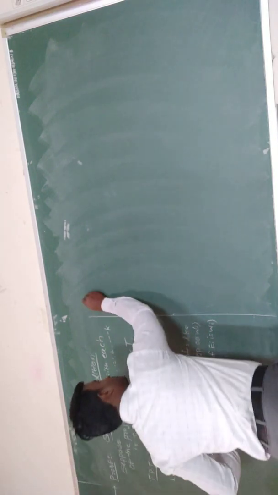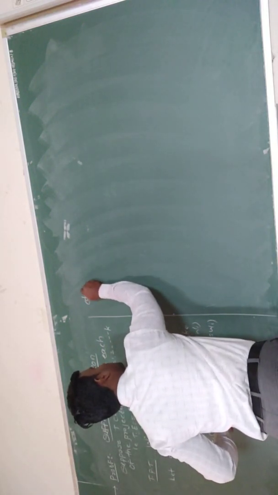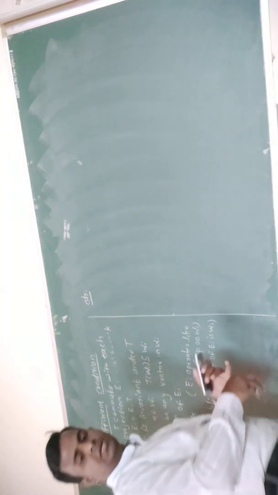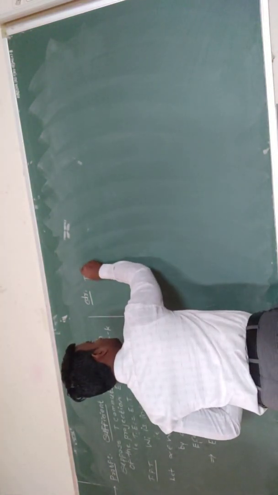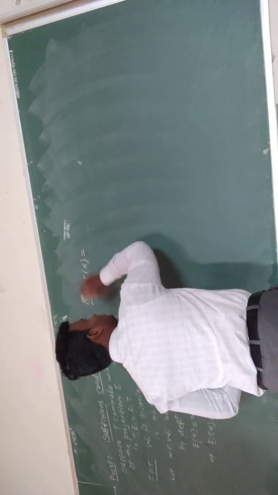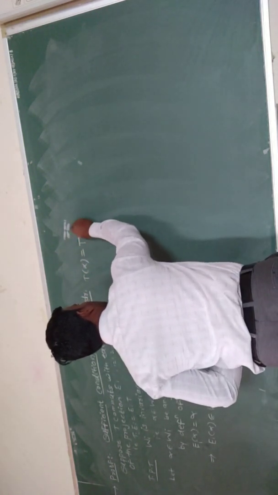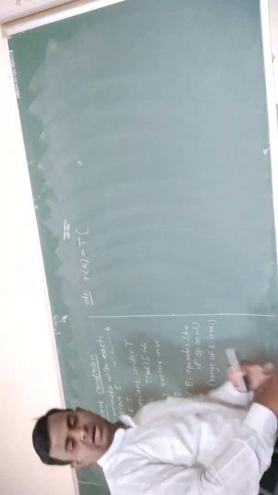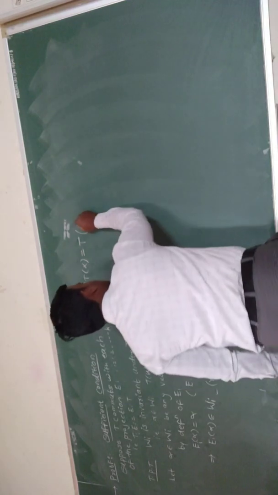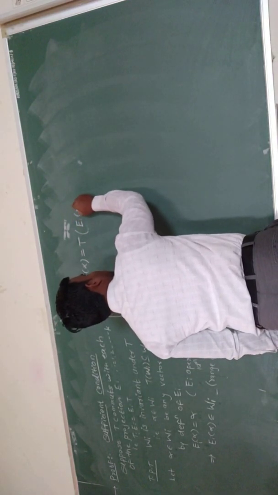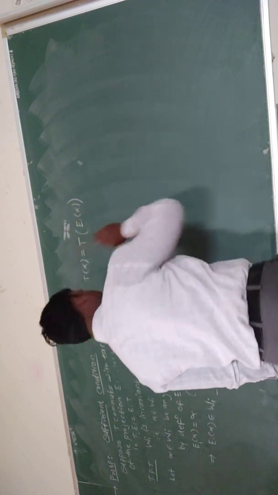Next, consider T of alpha, which is equal to T of Ei of alpha. Alpha is equal to Ei of alpha, so we can write alpha as Ei of alpha.